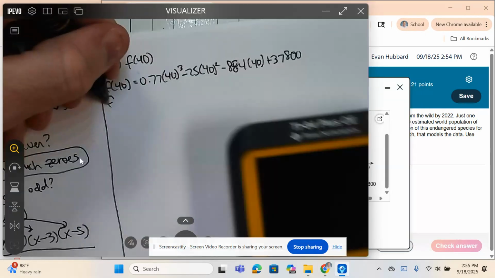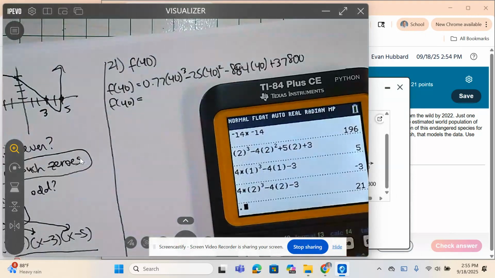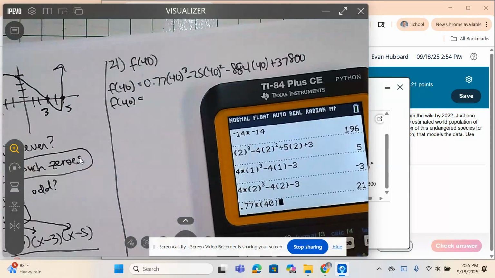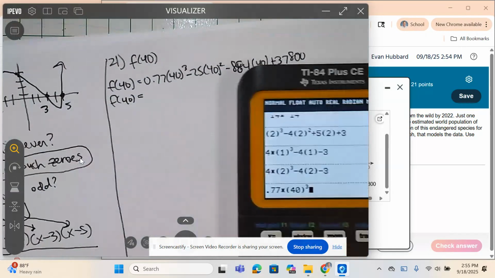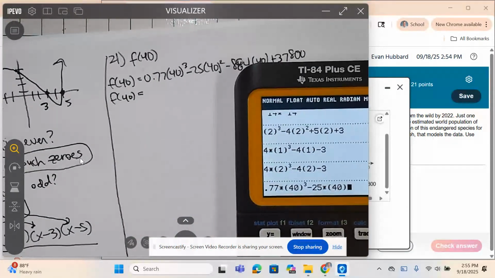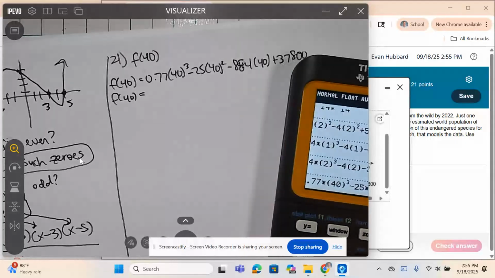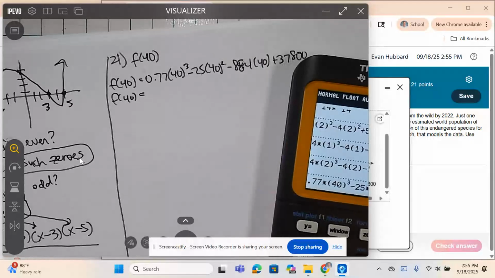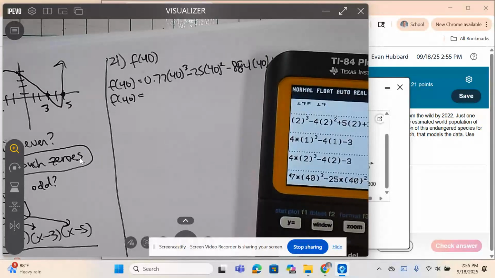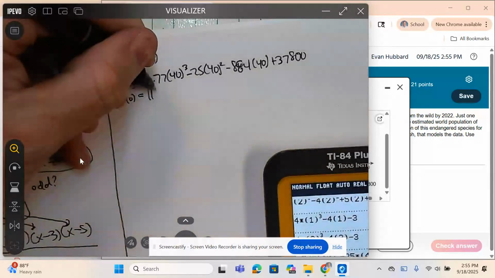I'll type this in my calculator: 0.77 times 40 cubed minus 25 times 40 squared minus 884 times 40 plus 37,800. It's 11,720.